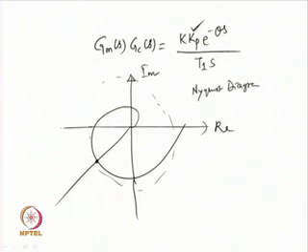So, let the phase margin be phi m. At this time, what is the angle of the loop gain? That will be minus pi plus phi m. This is known to you, this is very simple. But the loop gain at that gain crossover frequency. So, this point has a gain crossover frequency omega g.